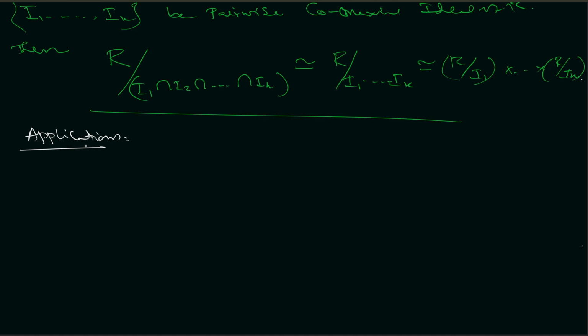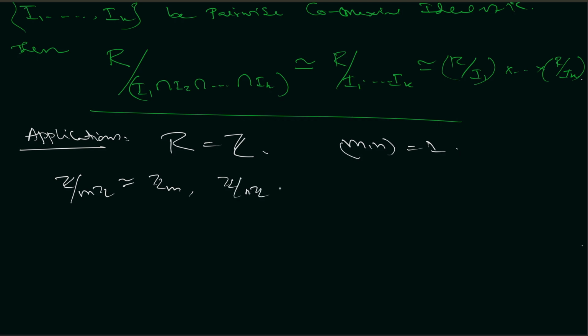Suppose your ring is Z, and you have two numbers M and N, with GCD of M and N equal to 1. So you know that Z by Mz is isomorphic to Zm, and Z by Nz is isomorphic to Zn, right? You know that.